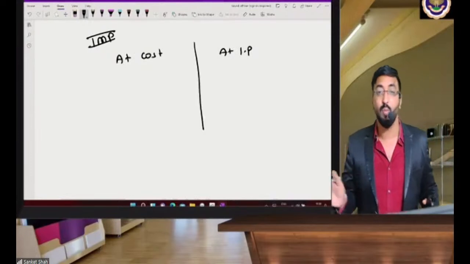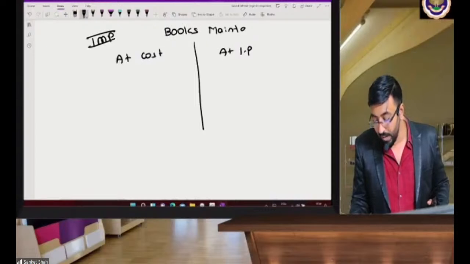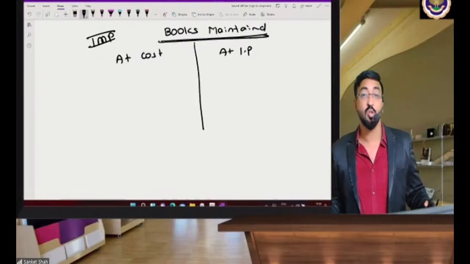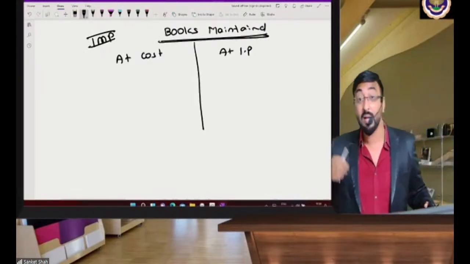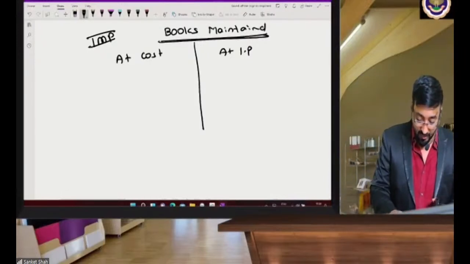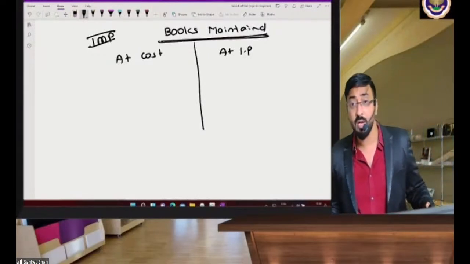Suppose there are two types of books maintained. If you maintain books at cost and at invoice price, whose profit will be higher, at cost or at invoice price? Yes, beta, waiting for your answer.